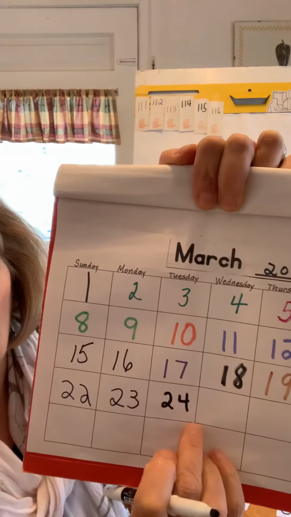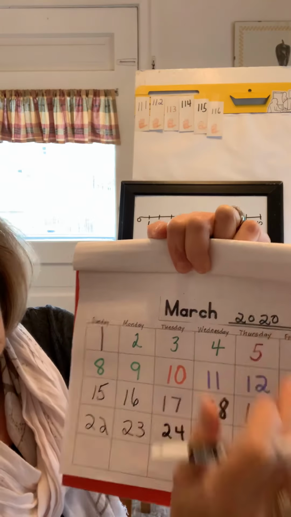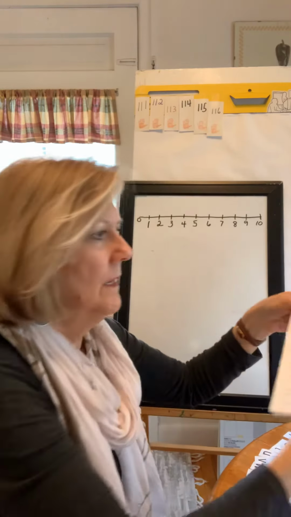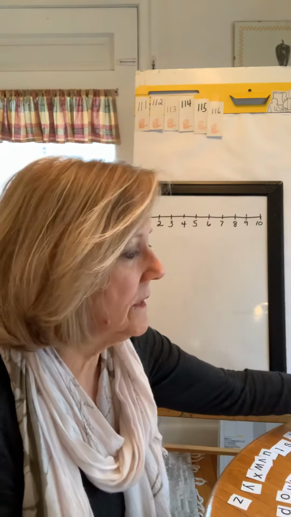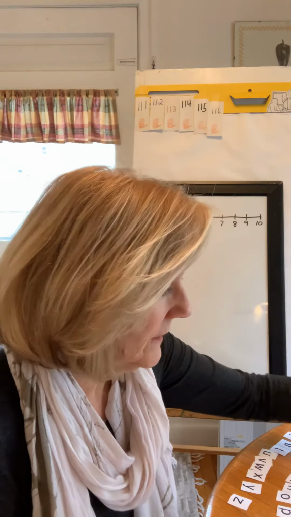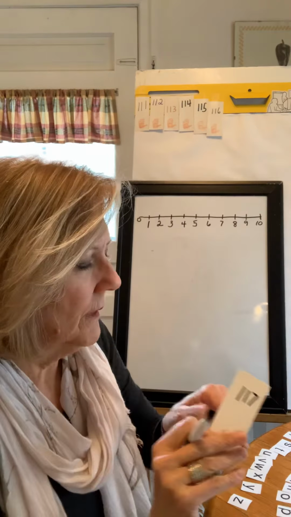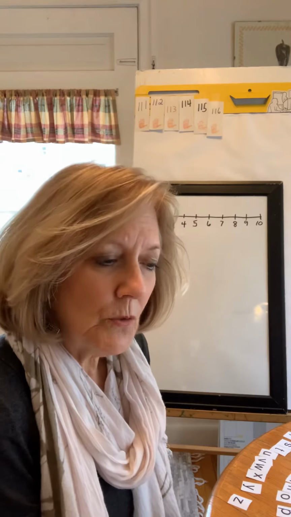March 24th, that's what we say, March 24th, 2020. And then you can do that really easy copy work. I know that's easy. And I will make our 117 that goes up on my board. I'll put that up in a minute. So that's what we start with.